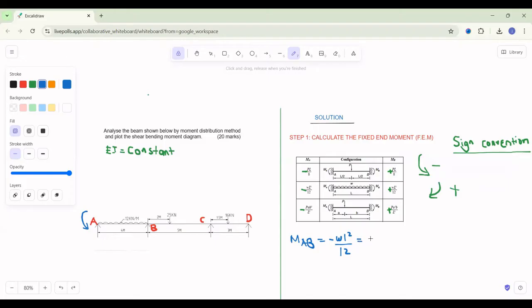If you work that out, you'll get negative 12 times 4 squared divided by 12. You'll get negative 10 kilonewton meter. So for fixed end moment BA, it will just be positive 10 kilonewton meter, right?